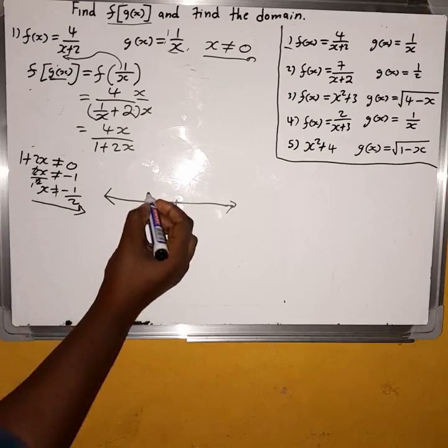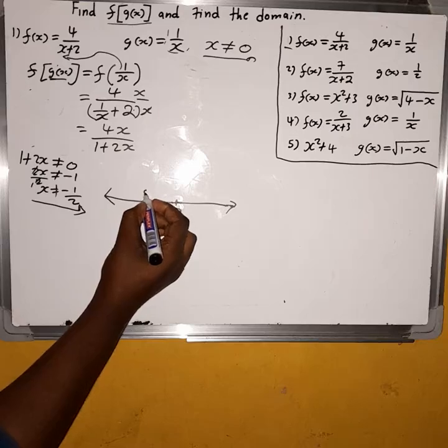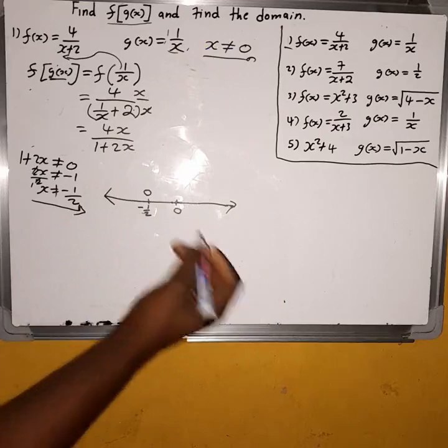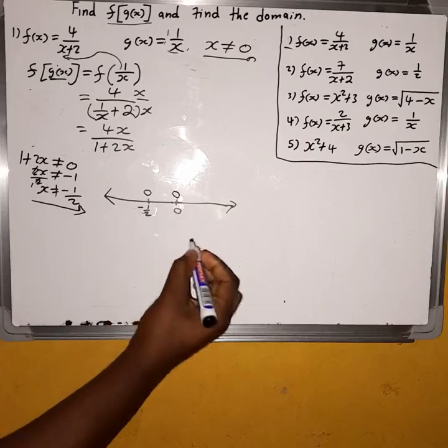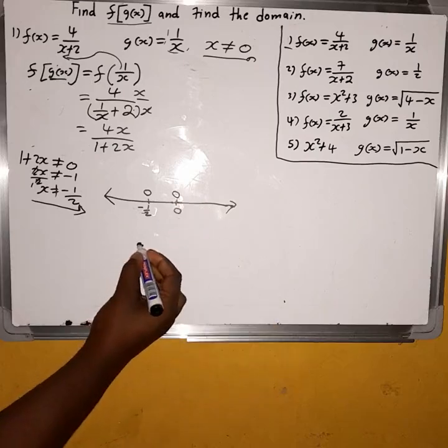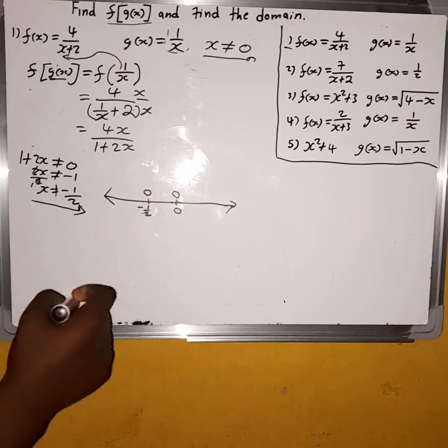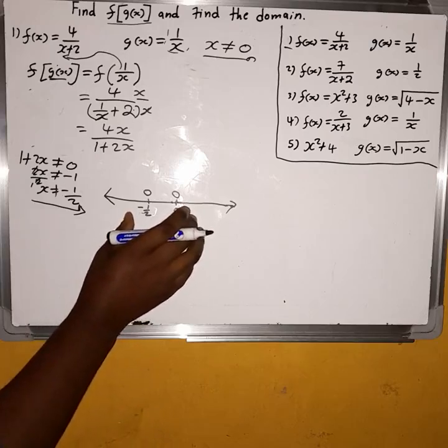Here you'll use an open circle. You don't shade it, you just use an open circle, right? x must not equal 0 is a restriction. If you include the value, you use the shaded circle. Use an open circle here. These are the restrictions only.